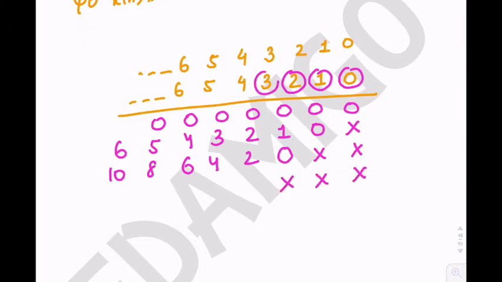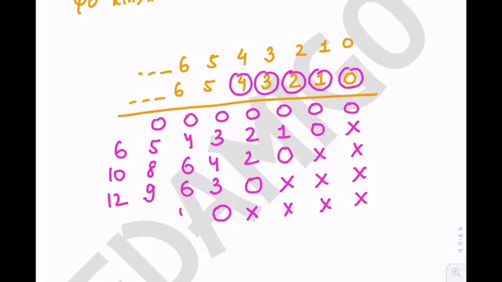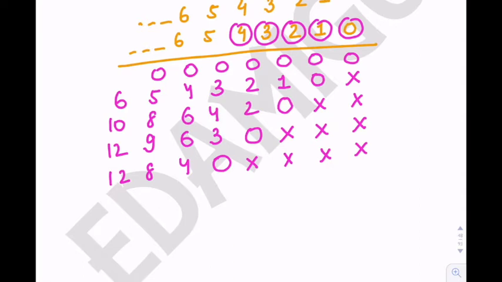Then multiply 3 with everything: 0, 3, 6, 9, 12 and so on. Then multiply 4 with everything, so we'll get 0, 4, 8, 12 and so on.